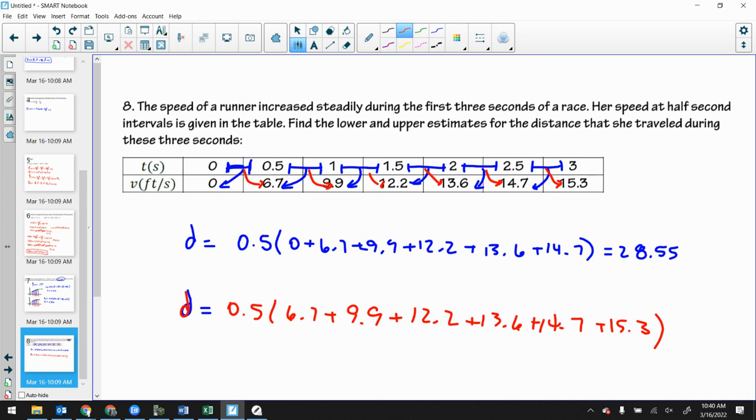Now I include my upper end, which ends up getting us 36.2. So do I know how far we actually traveled? No, but I know it's within a range of 28.55 to 36.22 meters. Questions about that?